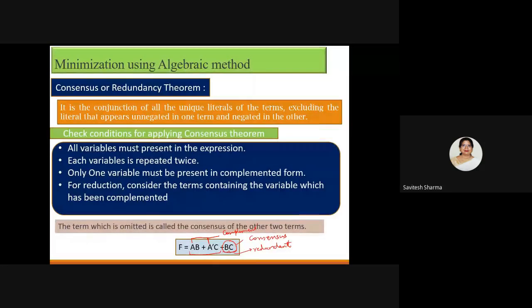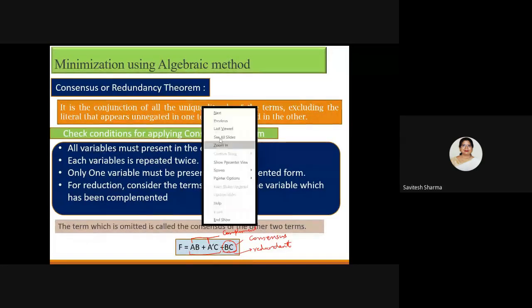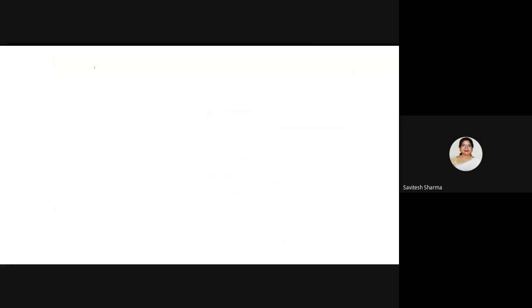So how will I simplify? I will start with F equals AB plus A complement C plus BC. You see how to solve this question. It seems that it is already in a simplified form, but it is not.